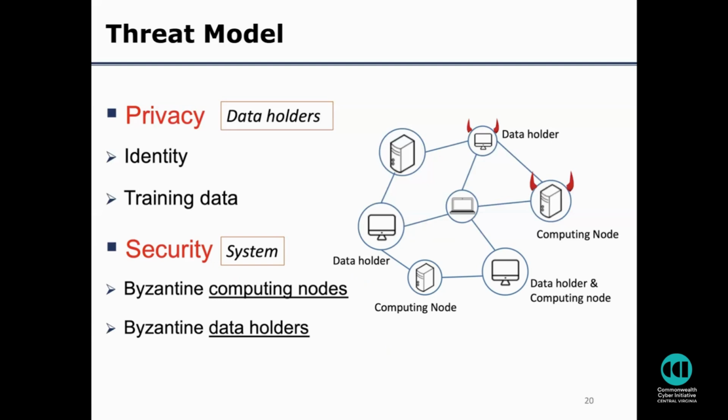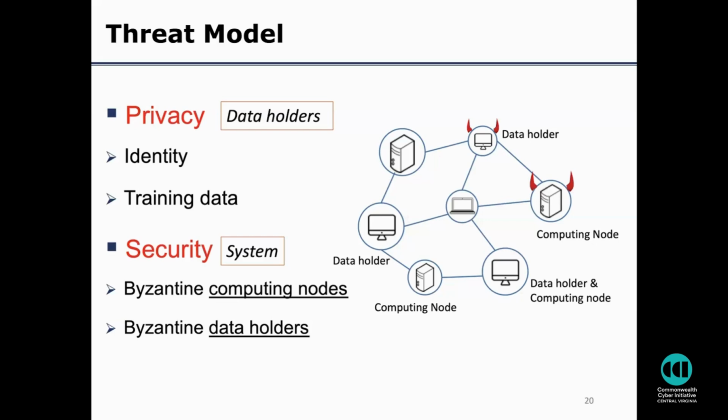If there are more malicious computing nodes, for example, more than 50% of nodes are malicious, the correctness of the blocks on the main chain cannot be guaranteed. So we assume that the majority of the computing nodes are honest in our system.